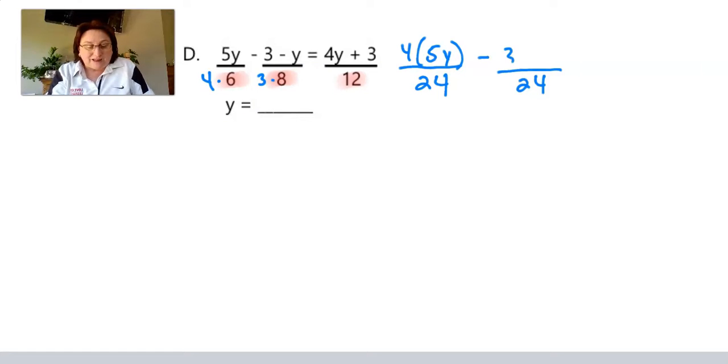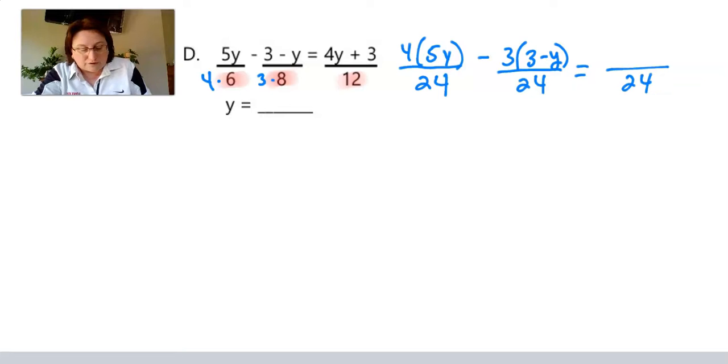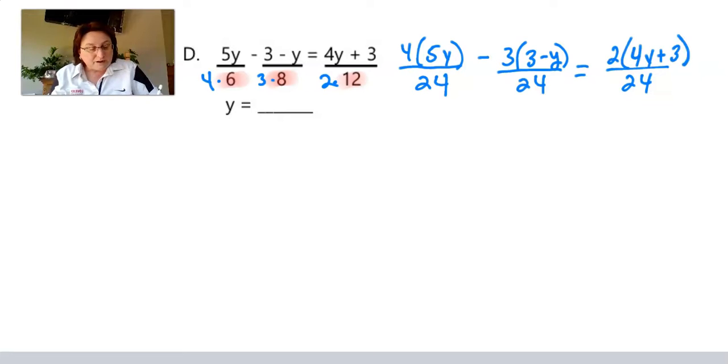So guys, that means I have to multiply this whole thing times 3, because what I do to the bottom, I have to do to the top, equals, and if this thing is over 24, well, 12 times 2 is 24. So I have to multiply everything in the numerator times 2 as well.